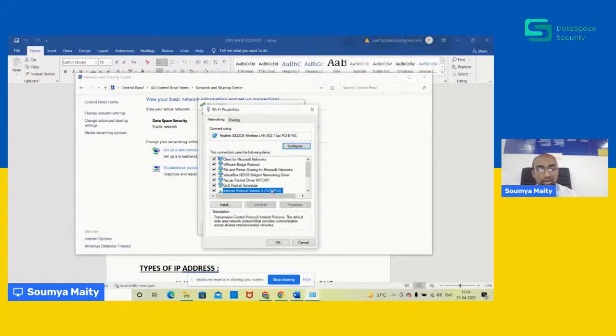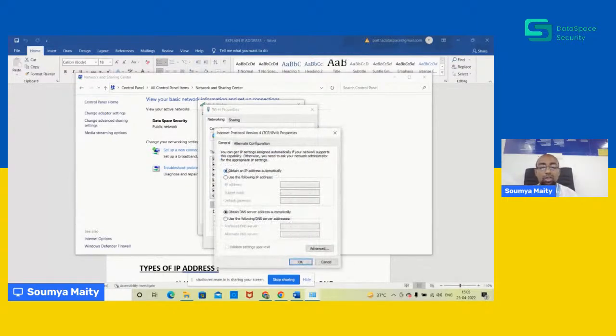Click on it and go to Properties. There are two options. Obtain an IP address automatically is basically for DHCP, and the next option is for static IP only. For this option we can add the IP address, subnet mask, and default gateway manually.